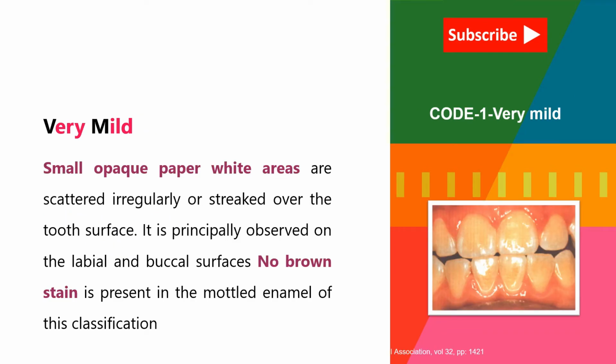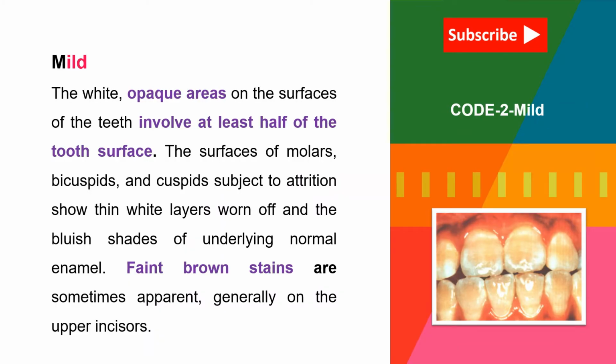Next is code number 1, very mild. Small opaque paper white areas are scattered irregularly, mainly observed on labial and buccal surfaces. Brown stains are not observed in this score. Now the next score is score number 2, mild.